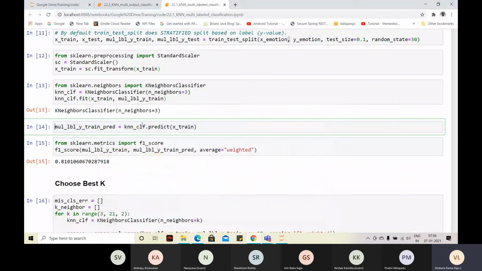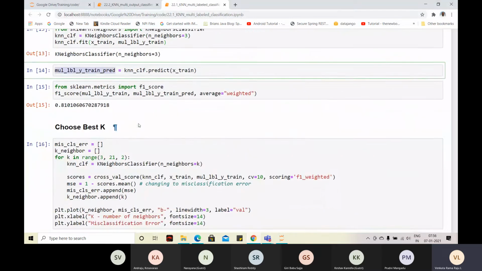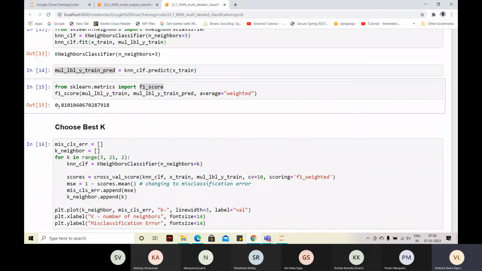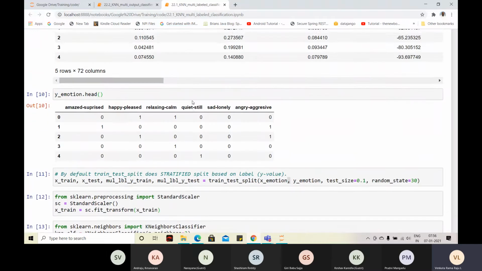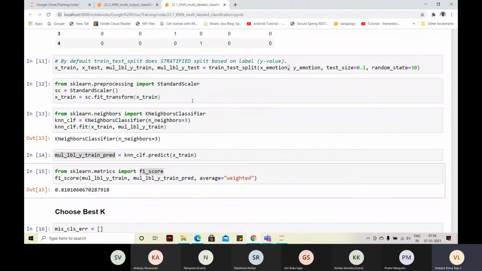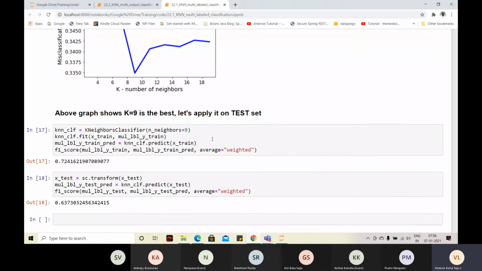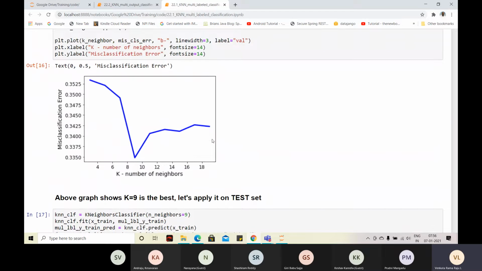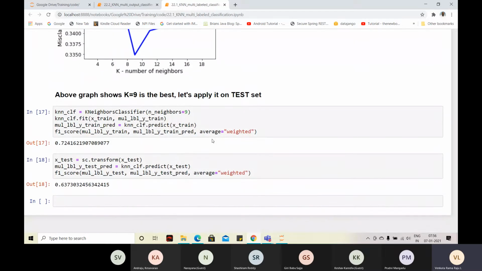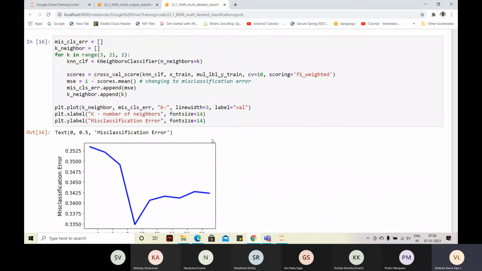Y cap is going to be calculated here. Metrics are same. F1 score, I've got 81% on the train set with neighbors equal to 3. But is that the right number of neighbors? That we need to decide.